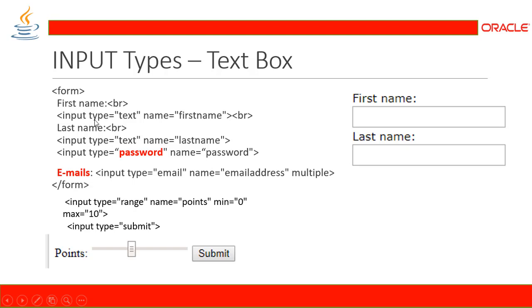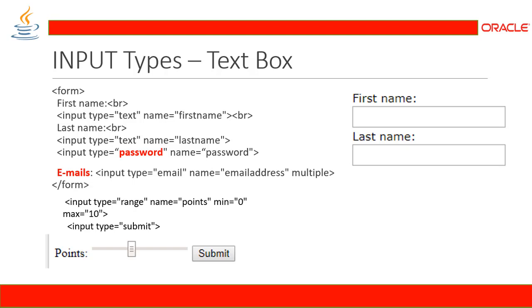The input tag has attributes. One of them is called type. This type will show what type of input you are going to have in your form. Name is basically you identifying your text box with a particular variable, or tagging it, like first name.